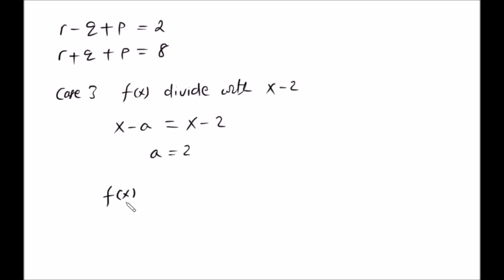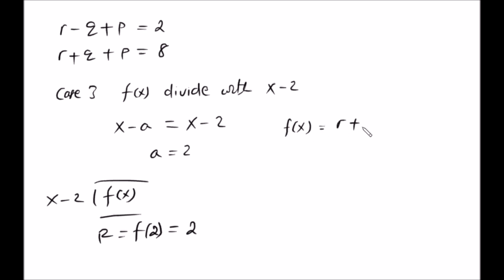So nikigawanya ile f of x to x minus 2, my remainder itakuwa ni f of a, lakini alisema ni ngapi? 2. So now f of x, remember, ni sawa na r plus qx plus px squared. Kwa hiyo sasa remainder yetu ambayo ni f of 2 tumesema sawa na 2.